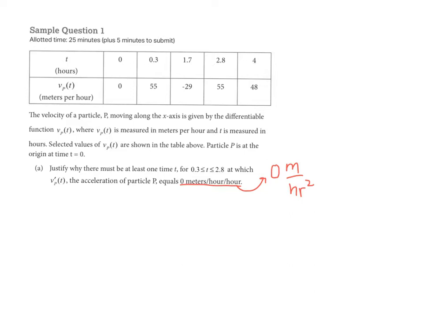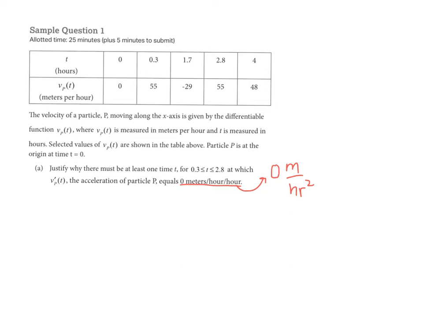If they ask you to justify why there must be at least one time t, it's usually a sign that you're using one of those theorems. In this case, we are looking at the derivative of v, which means that we're going to be using the mean value theorem. That's like a little trick to use if you have the derivative of your function. That often is a sign that you're looking for the mean value theorem.